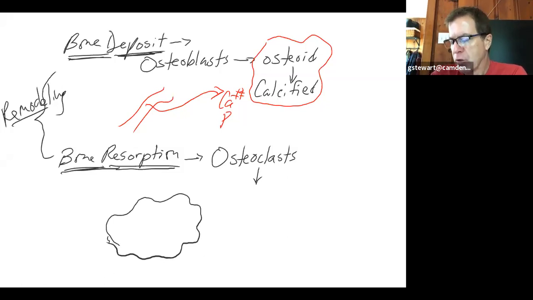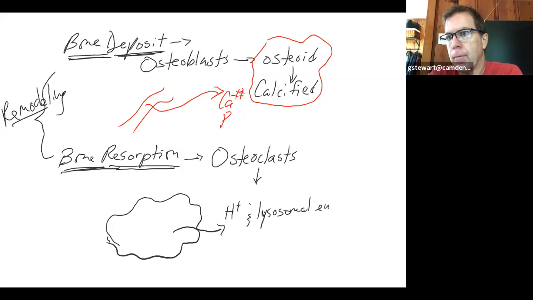They grab the bone surface and they secrete, from the cytoplasm, hydrogen ions, which is very acidic, and also lysosomal enzymes. That's supposed to be a Y. These two things, hydrogen protons and lysosomal enzymes, dissolve or break down bone matrix.